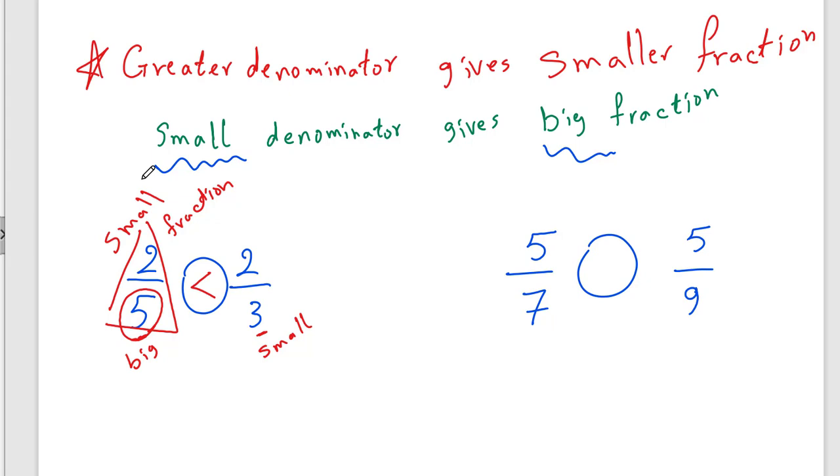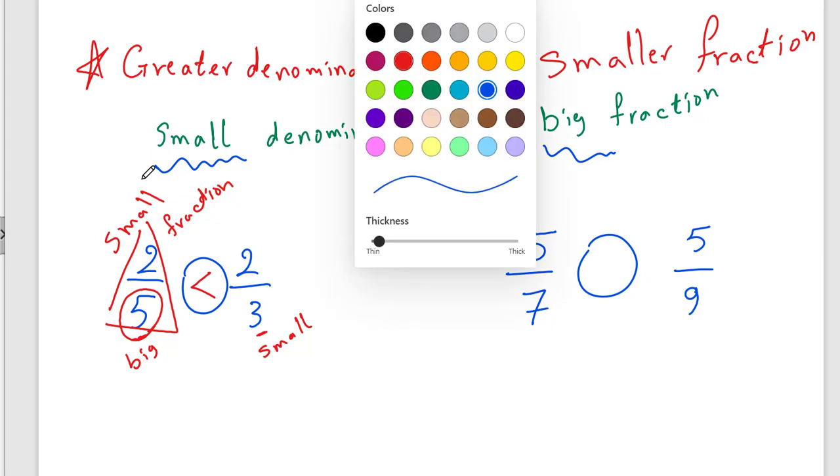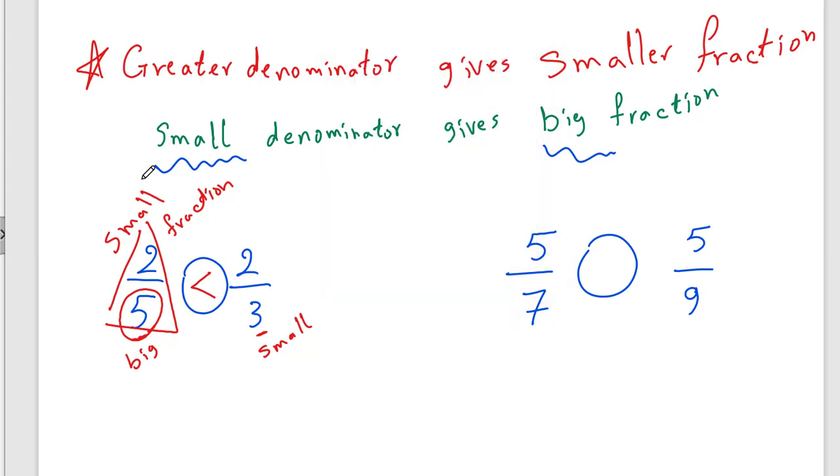Yes, teacher. Okay, Muhammad, go ahead. 5/7. This is bigger, or the bigger is 5/7. Why? Because it has the small denominator, so bigger fraction.